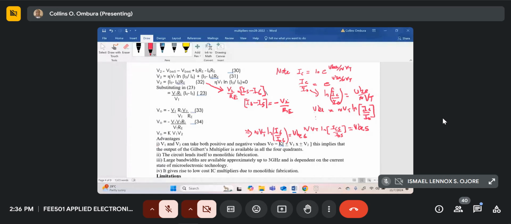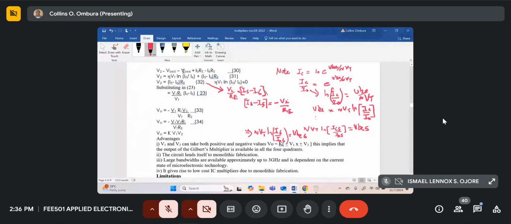So if it's VB5, then VB5 will be equal to neta VT natural log I5 over I naught 5. If it's VB6, then VB6 will be equal to neta VT natural log I6 over I naught 6. So in equation 31, I'll just simplify the steps over here.